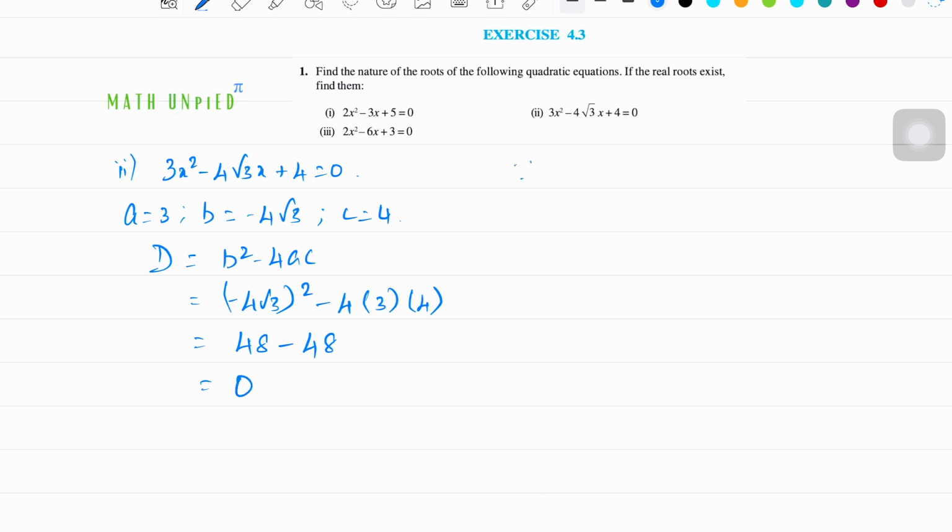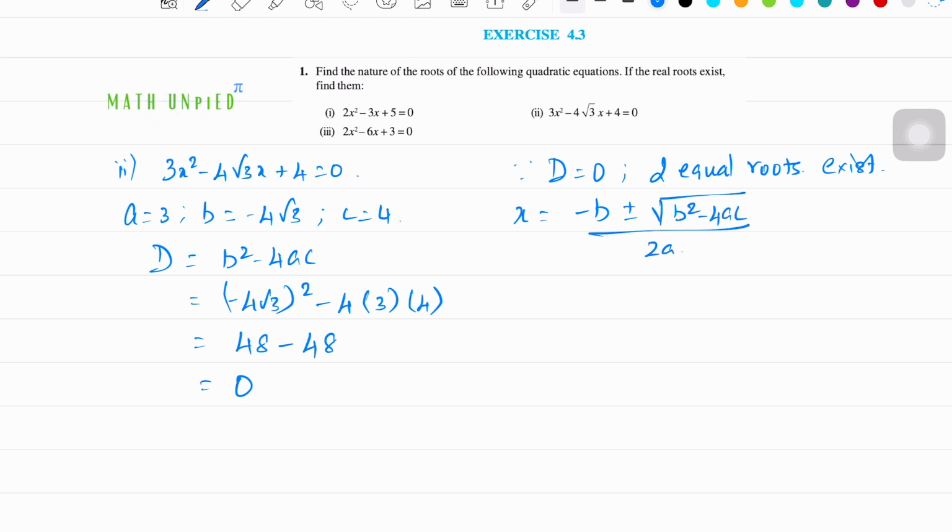We can write, since D equals 0, we'll have two equal roots. Okay, now we'll find the value of the roots. We have the formula x equals -b plus or minus square root of b squared minus 4ac, whole divided by 2a. This is minus of -4 root 3, plus or minus square root of, and we know the value of b squared minus 4ac because just now we found it.